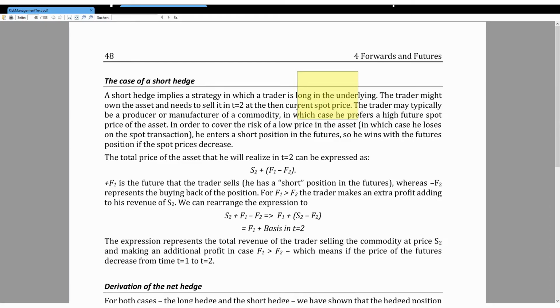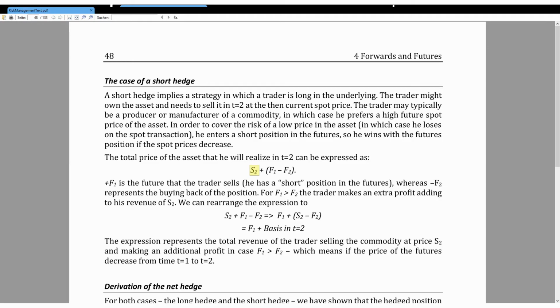The trader might own the asset and he will need to sell it at time 2 at price S2. So that is his revenue. In order to protect himself from decreasing spot prices, he will enter a short position in the futures.